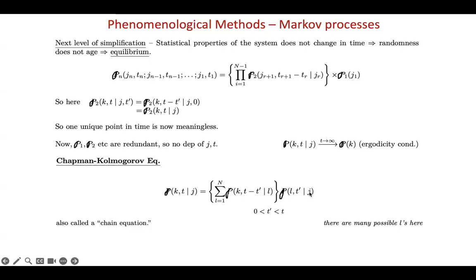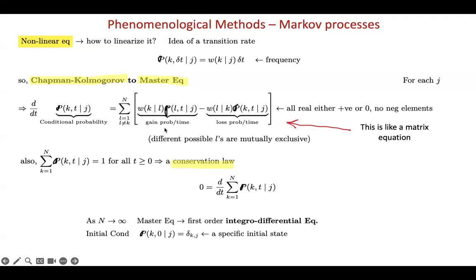There is no JT, it's only J. And so that opens up the door to write down the master equation that I just said. So the master equation is essentially coming out of the Chapman-Kolmogorov equation. So anyway, I'll go through this again on Thursday and take you through.